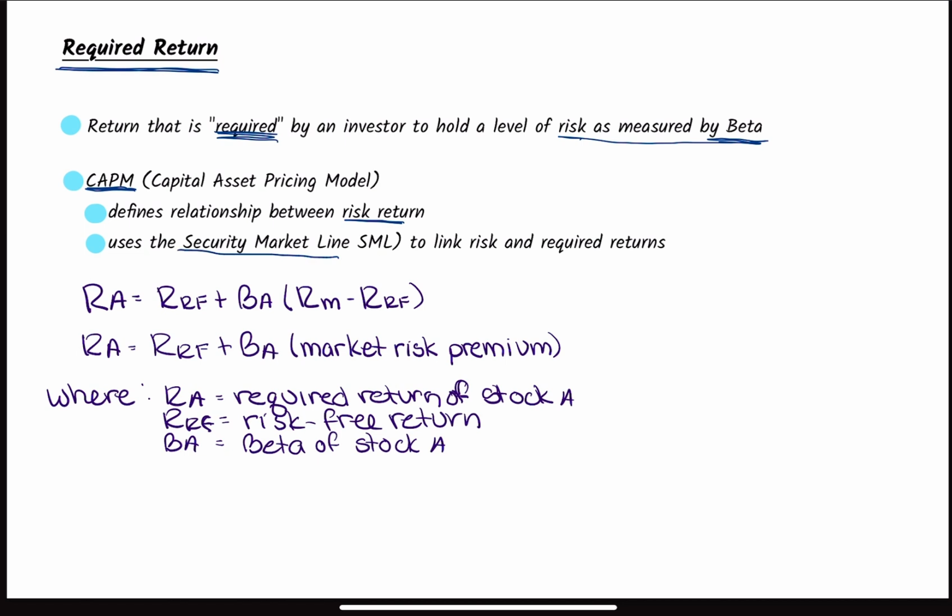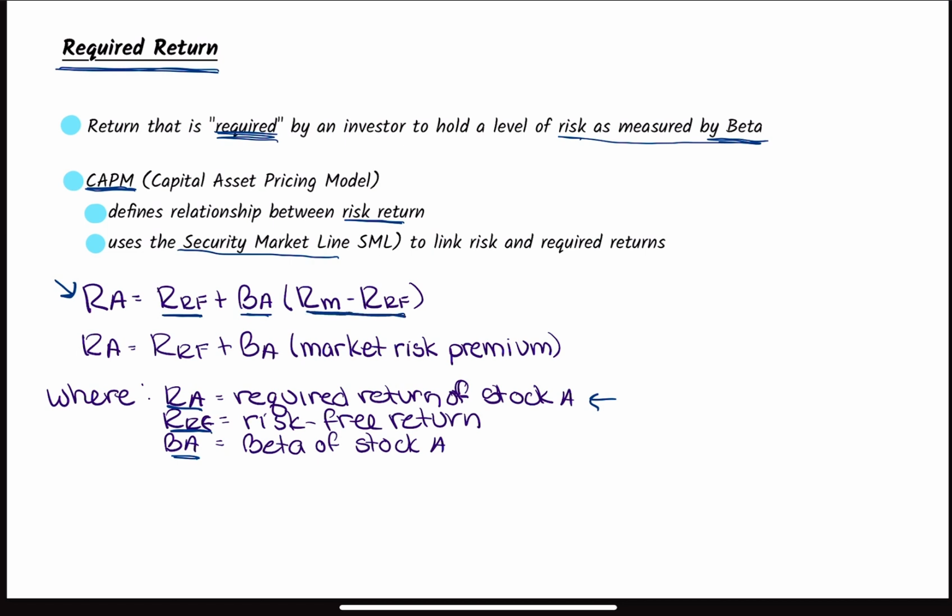So what do we get? Our required return, so RA right here, which is the required return of stock A, is going to be equal to whatever the risk-free return is, plus the beta of that stock times the market risk premium.